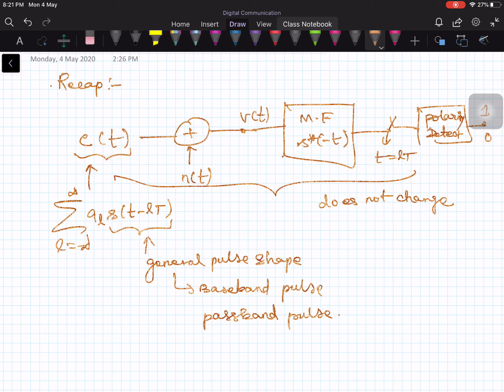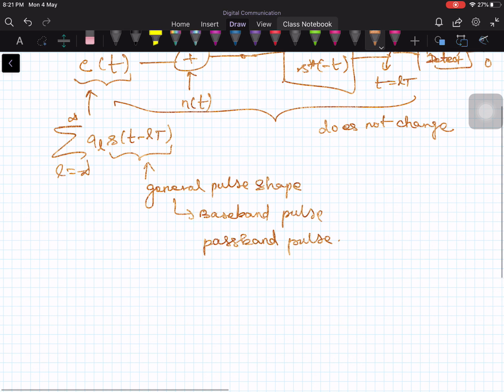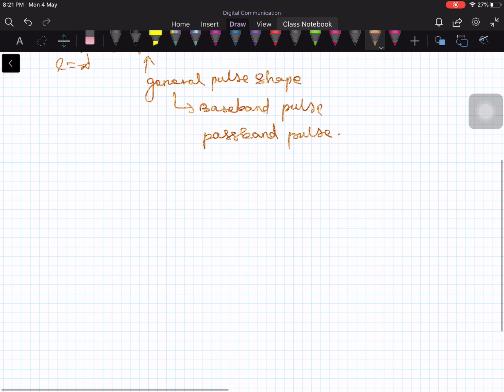Some other issues crop up, which are important, and therefore let me spend some time on that. So this is a little recap of what we did in the last class, and some other issues will arise, which I will discuss while discussing this passband coherent demodulator.